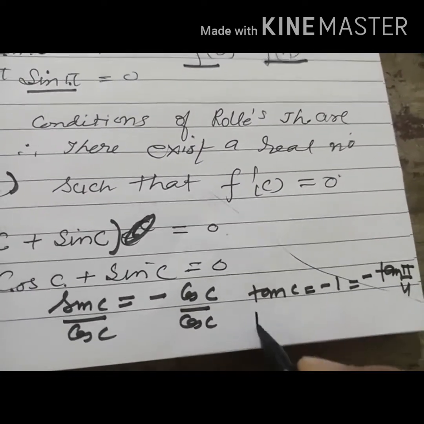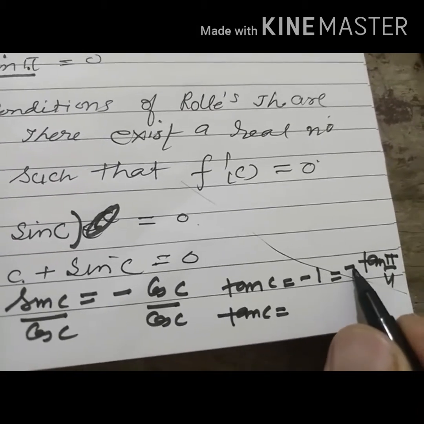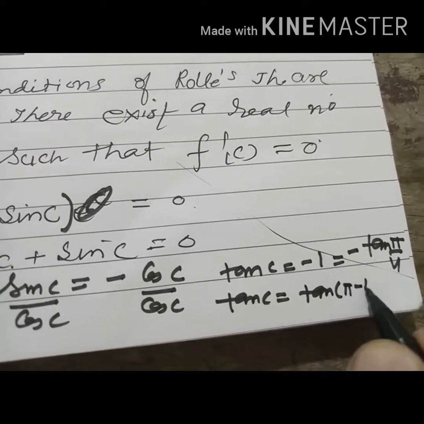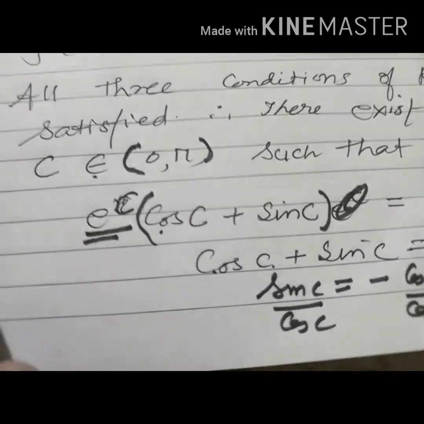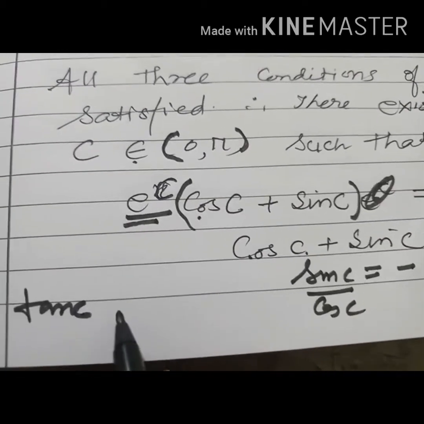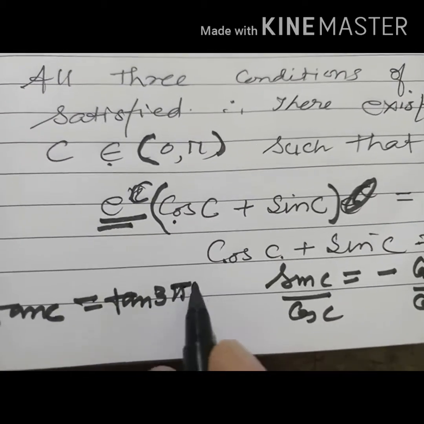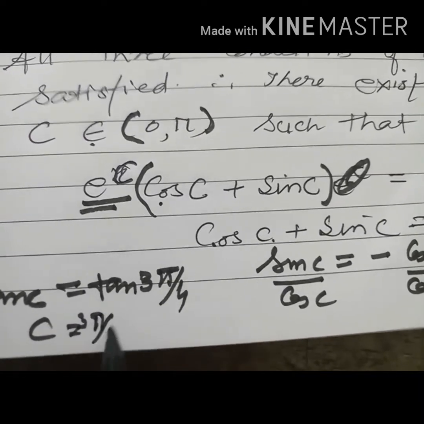Now tan c is equal to what? Just to remove the minus sign, we put it in the second quadrant. It is pi minus pi by 4. So tan c is equal to कितना आ गया? Tan 3 pi by 4. C equals to 3 pi by 4.